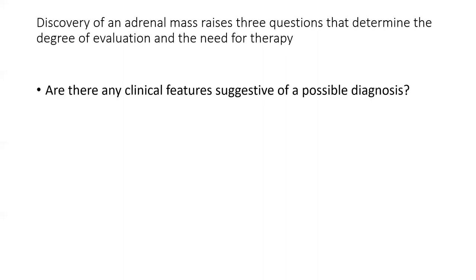So what are the questions which we should think of when we are encountering an adrenal incidentaloma? First, are there any clinical features suggestive of a possible diagnosis? Here we are thinking about functional adenomas like cortisol producing.